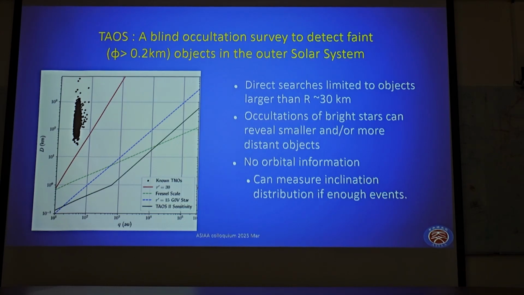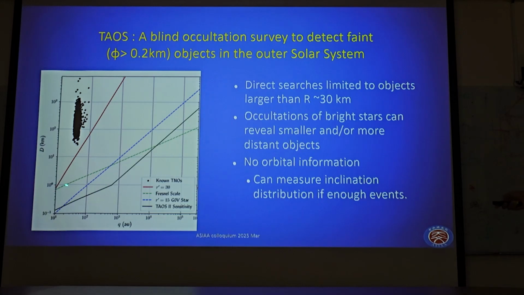But with the occultation survey, you are limited by the diffraction process, the diffraction pattern generated by the occultation. So you are limited by the Fresnel scale, as well as the angular size of the background star.